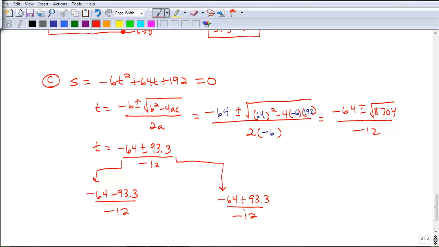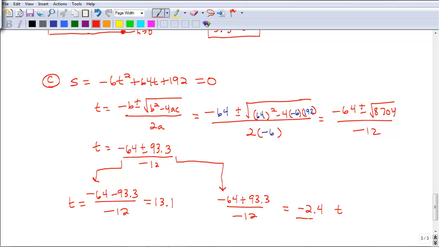And so I calculate these. -64 minus 93.3 over -12. The first one yields 13.1. And this is time, remember. And the second one, -64 plus 93.3 divided by -12, gives me -2.4 as the time.